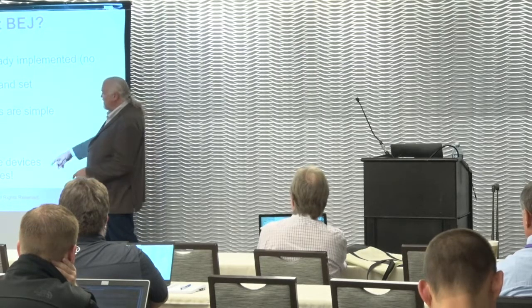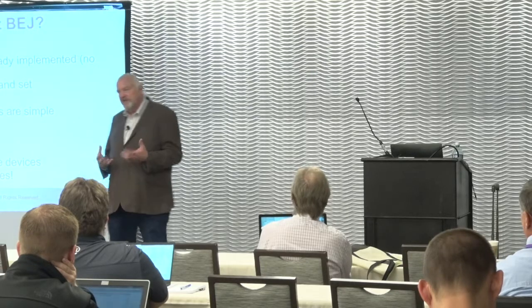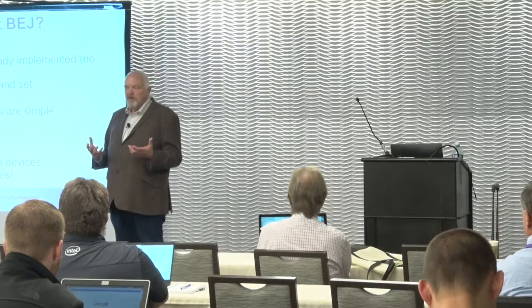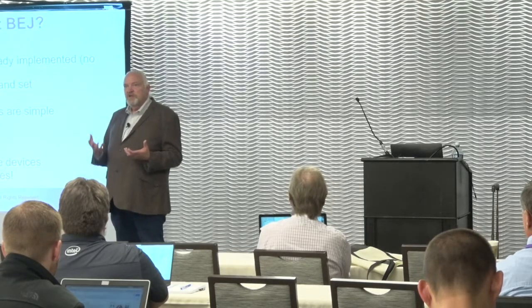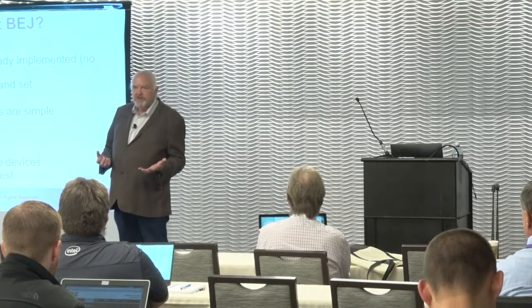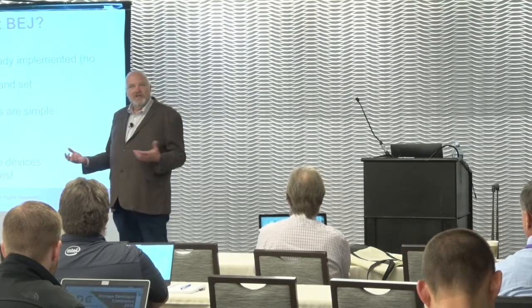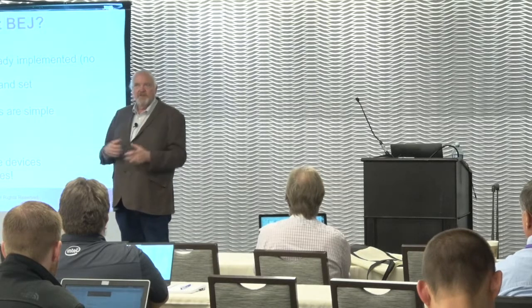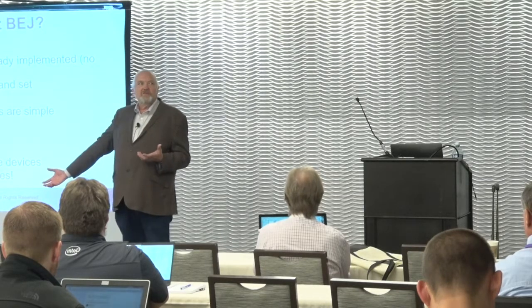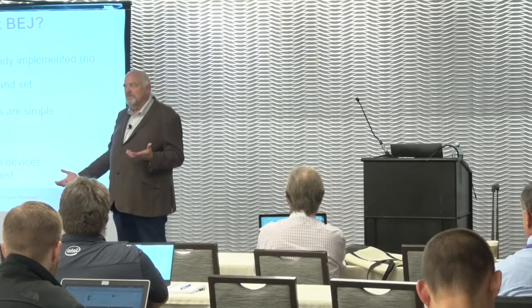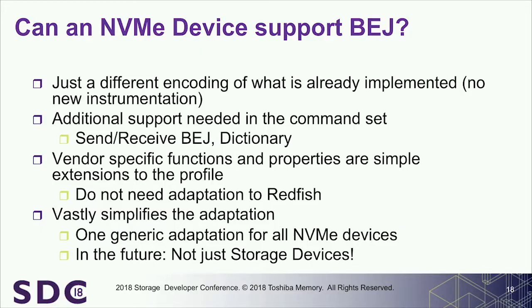But if you do have to have an adapter, it's greatly simplified, because now I can have a generic adapter that really doesn't understand anything about the device, because the device is giving me Redfish. All I'm doing is converting the BEJ compaction into the regular JSON output back and forth, right? And I can be doing that adaptation without understanding the semantics of what the actual device is producing, which is really cool. So we can use this for the computational storage guys as well.